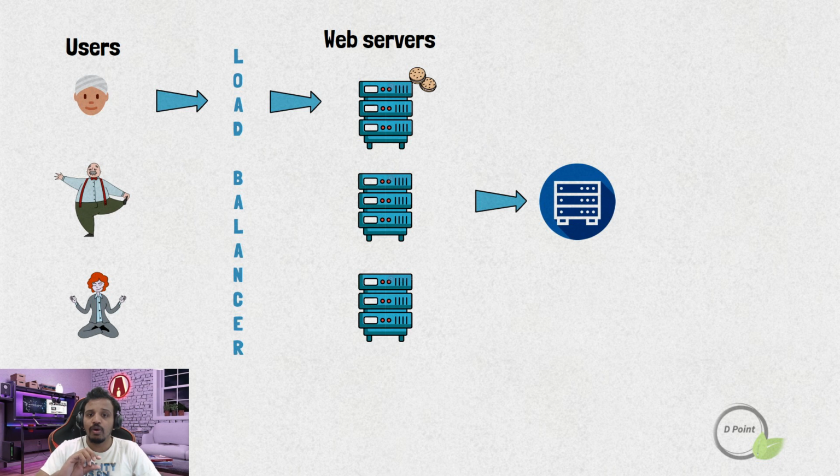Okay, now let's say user 1 is saying add this item in the cart, the request went to the load balancer, which sent it to web server 1 again. So why is it not sending it to web server 2, web server 3 every time? Because the load balancer now knows, okay, this request came previously and I redirected it to web server 1. This is called sticky session.